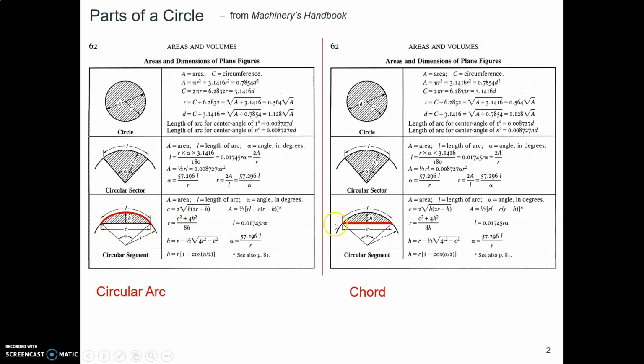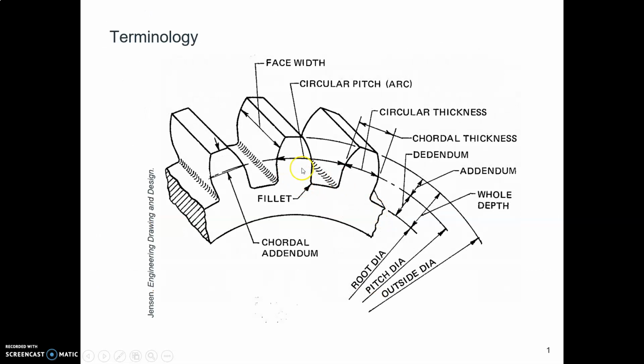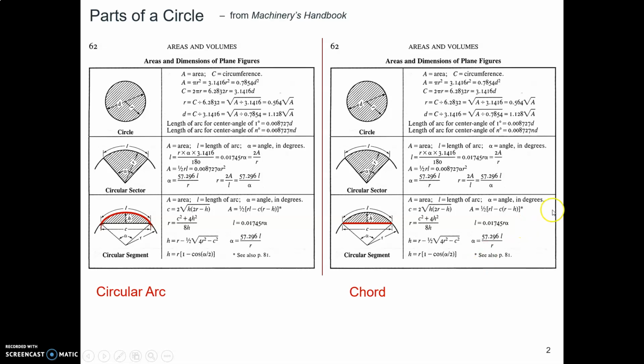If you cut a straight line across that segment, that's called the chord. So let me back up. When we were looking at the straight line thickness across here, we called that the chordal thickness. When we looked at the thickness along this arc, we called that the circular thickness. Circular and chordal.